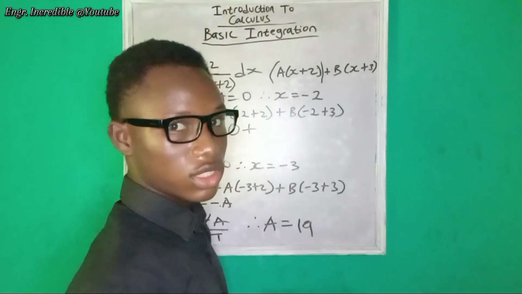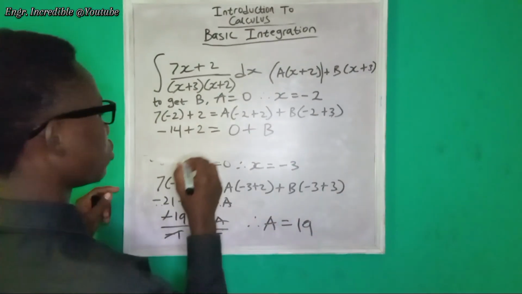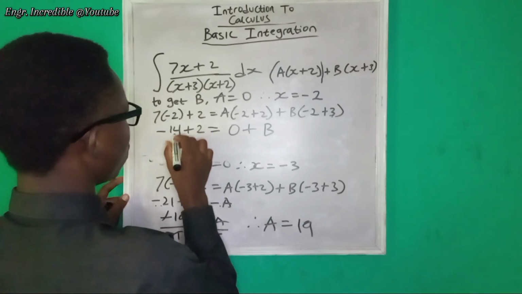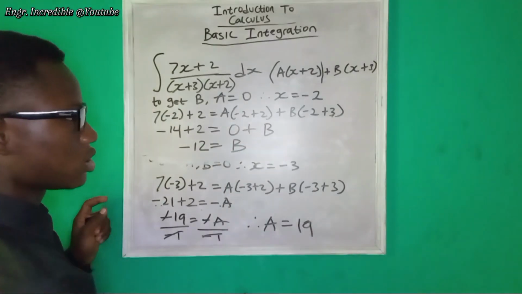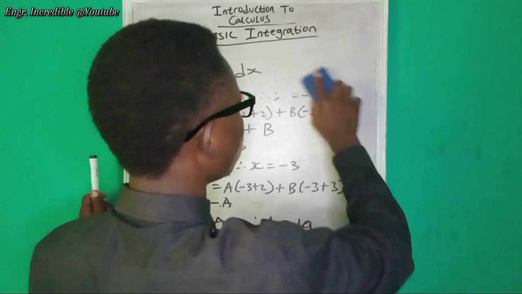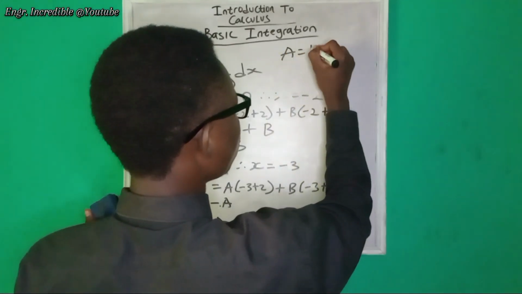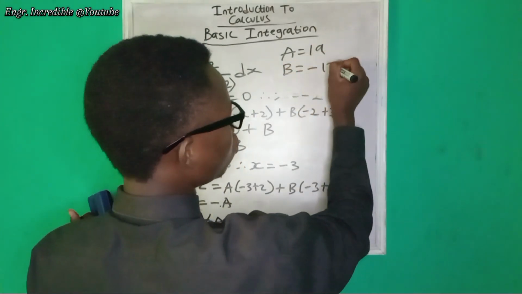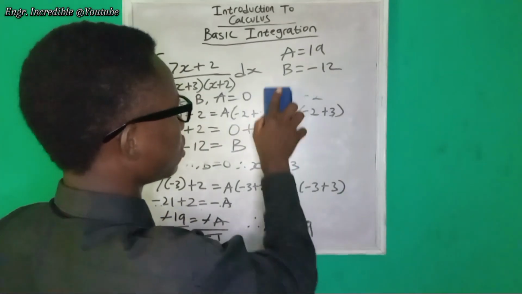So 3 minus 2 is 1, and 1 times B is B. Therefore -14 plus 2, which is -12, is equal to B. So here now we have our A equal to 19 and our B equal to -12, which is the first step before we go back to our integration.